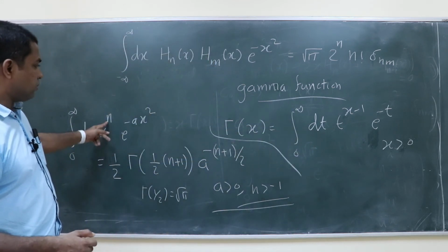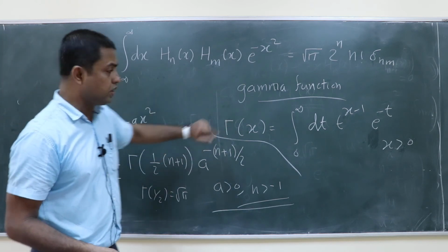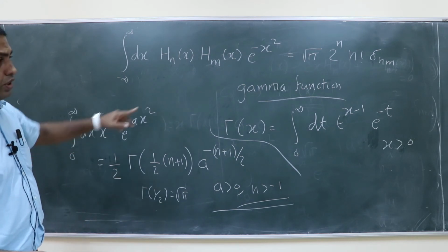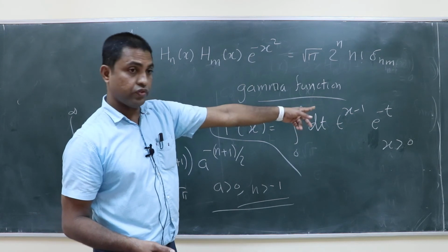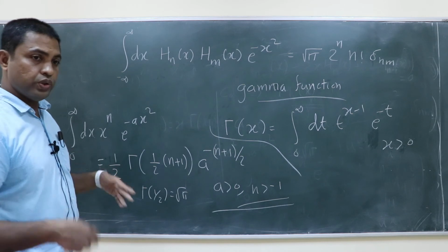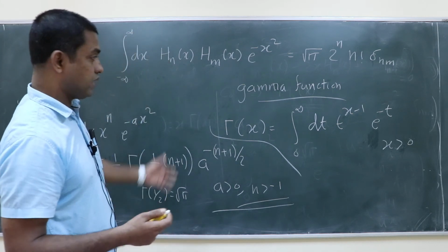That's it. From the gamma function definition you can actually derive this. There is no problem. You have to do a change of variable, then you get it into this form. You take any mathematical special functions textbook, you can get it.